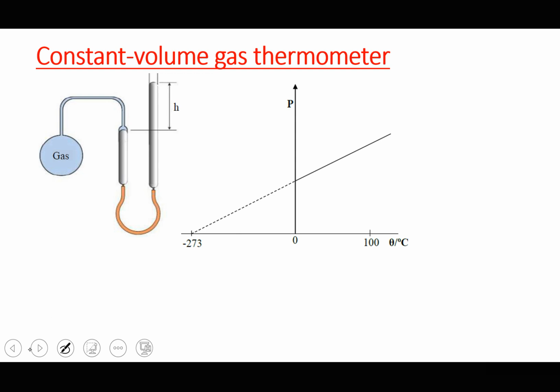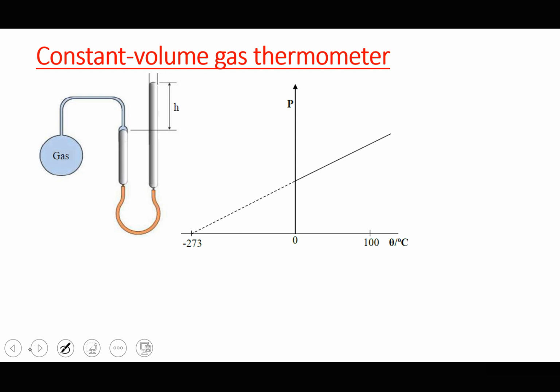And I am saying for those thermometers which use gases as thermometric substances, the difference in their measurements is very, very small. The question will be, what is unique about this constant volume gas thermometer? So here I have my thermometer, by the way.